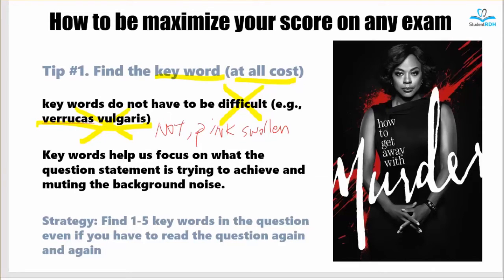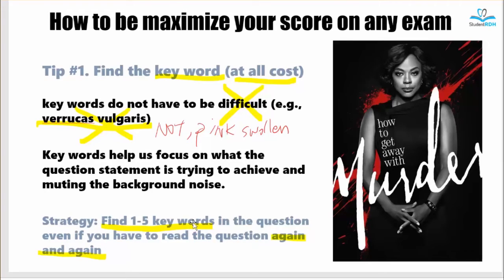The strategy is really simple. Find those 1 to 5 keywords in each question, even if you have to read the question again and again. It's a much better idea to spend time on finding those keywords than just to read it once and move on. Because at the end, students don't use their entire time to finish the exam, so usually you have time left.